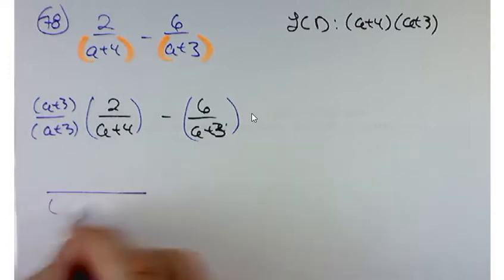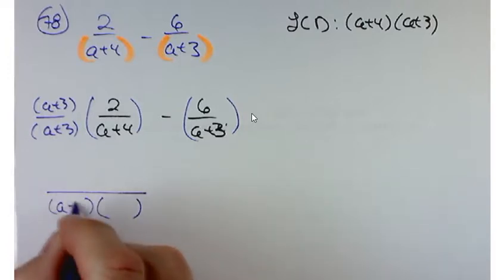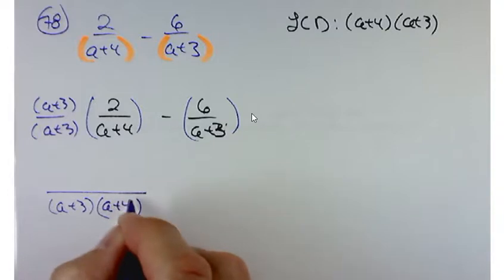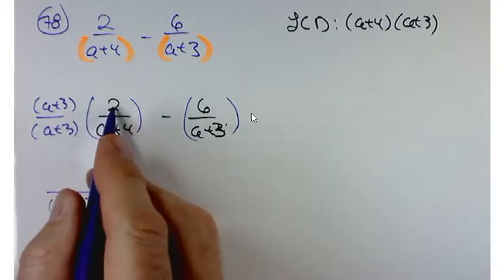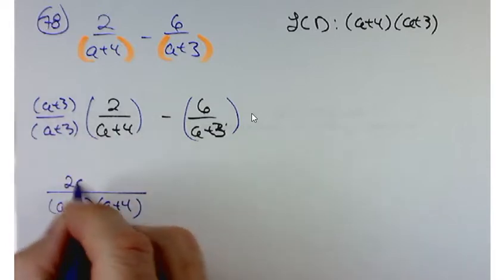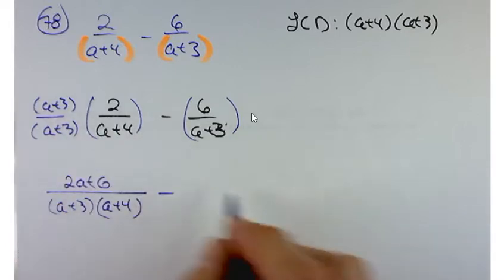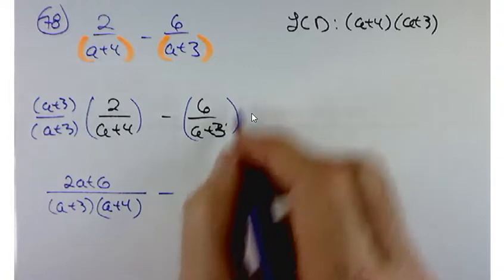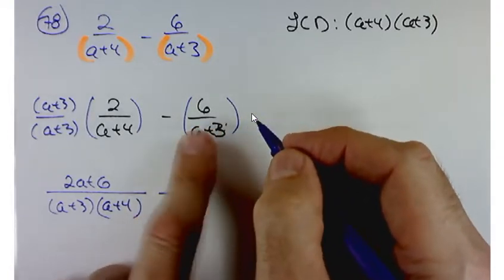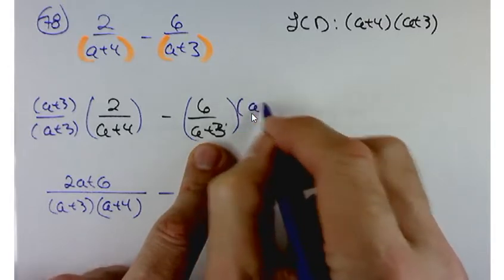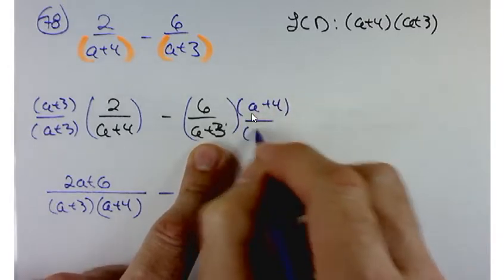And let's do this. All right, a plus 3 times a plus 4, and then the numerator I'm going to distribute. So it's going to be 2a plus 6 minus. Well, let's see what happens here. What am I missing here? A plus 4.